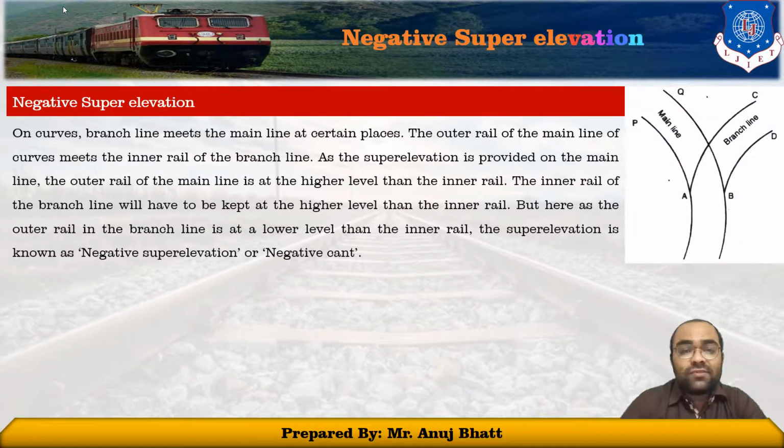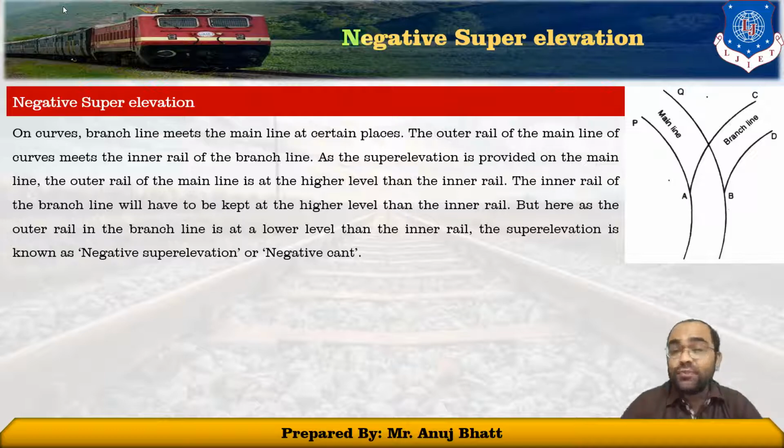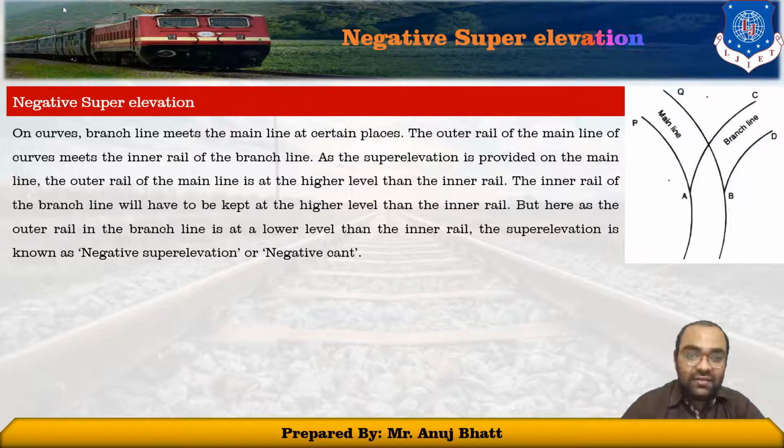Well, what is negative superelevation? On a curve side, there may be two diversions, or two lines need to be provided. One is known as the branch line, and the other one is known as the main line. On the curve, a branch line always meets the main line at certain places.